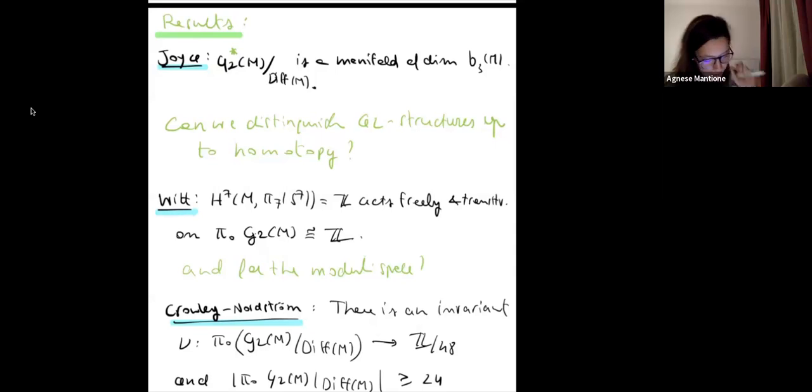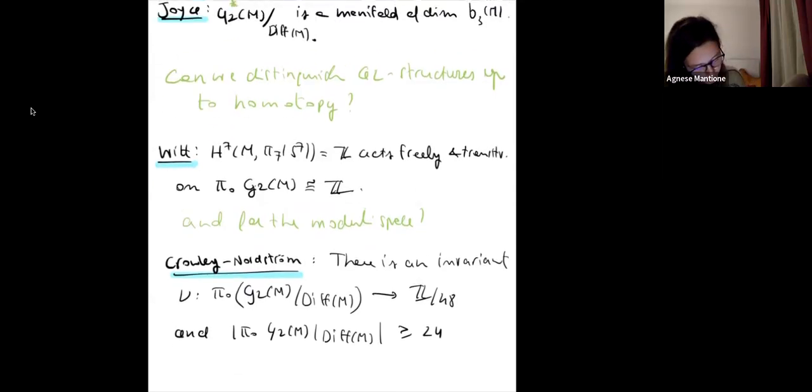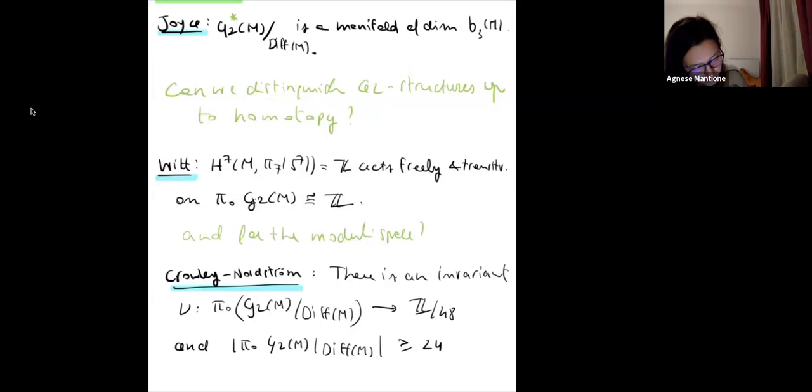Then I think the other two results that I would like to mention are the fact that also up to homotopy, we can distinguish G2 structures. Here this is just G2 structures and not torsion-free. But it has been shown that there are infinitely many G2 structures up to homotopy.